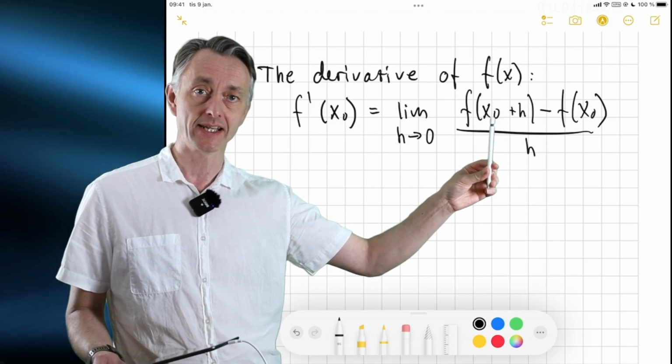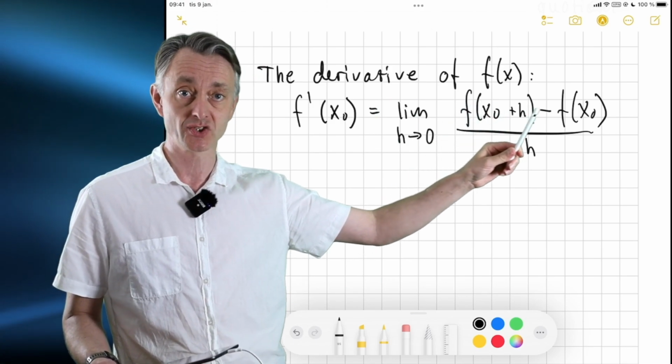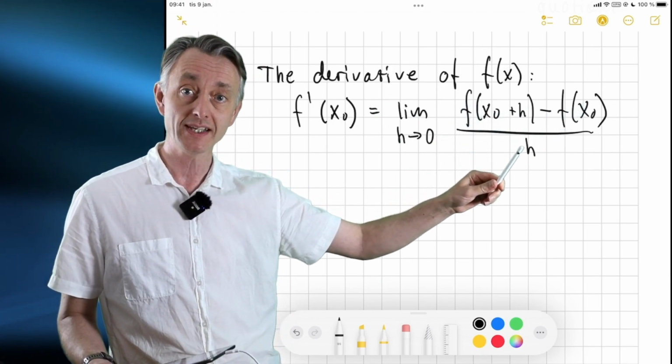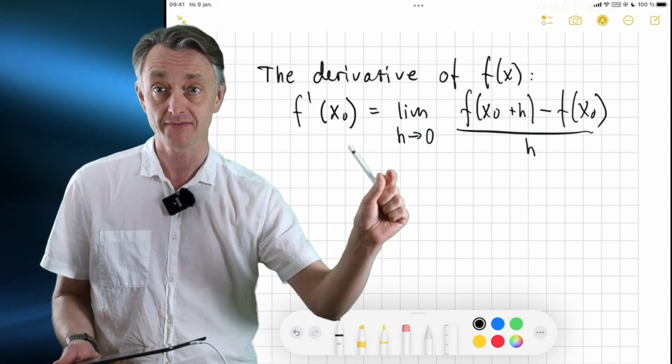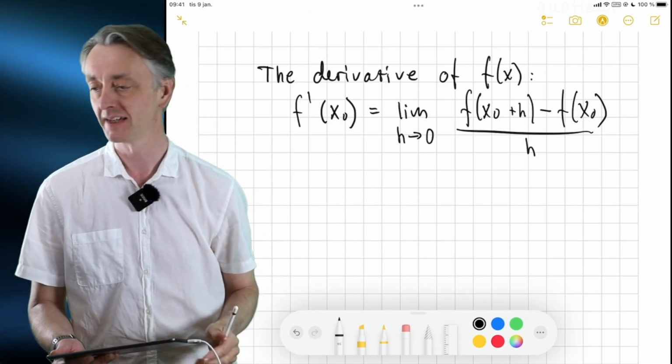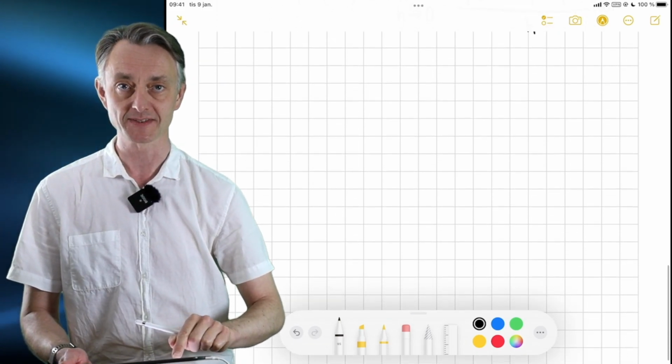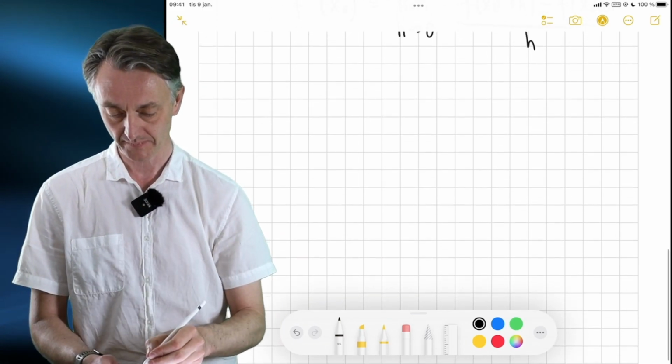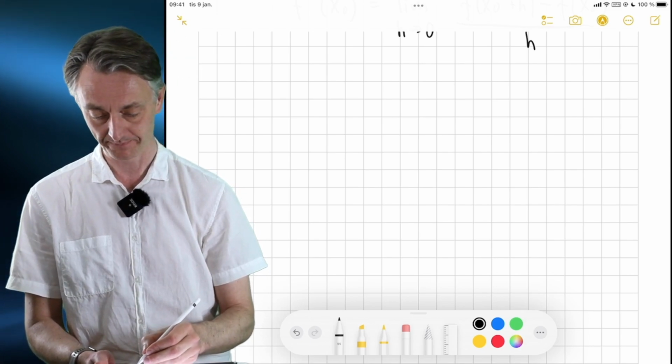So maybe this is a bit abstract. This is basically saying, how much does the function increase in value when we increase the variable in question by just a little bit. So let's illustrate this. We draw this diagram.